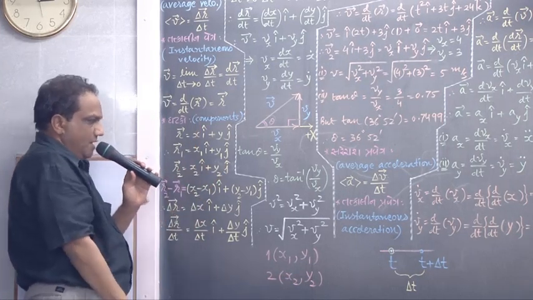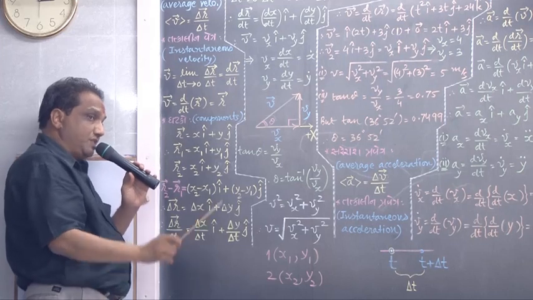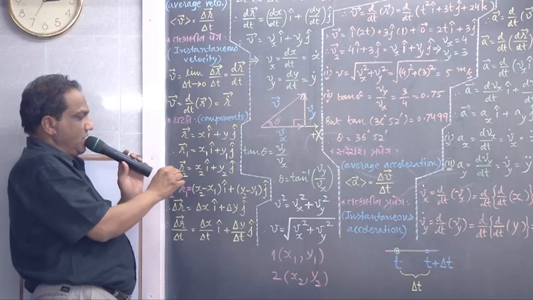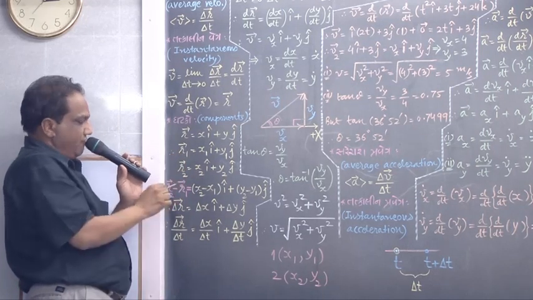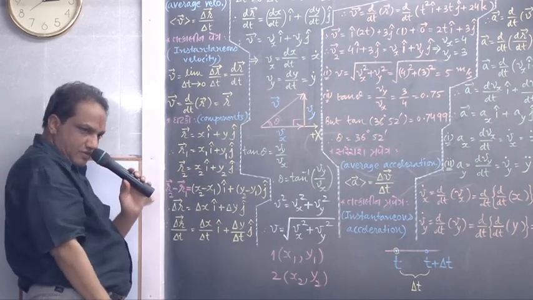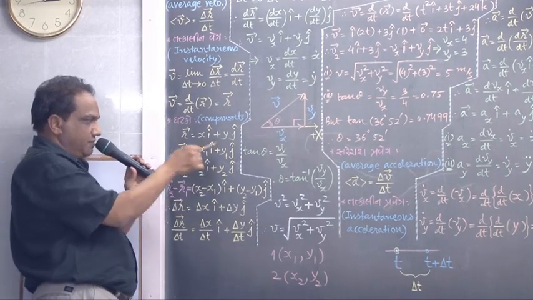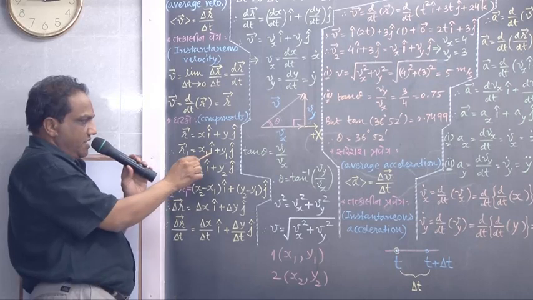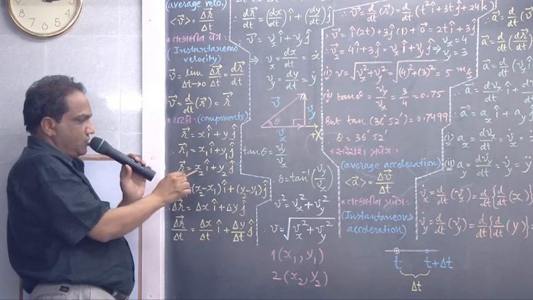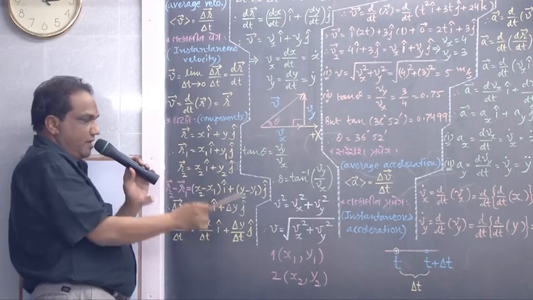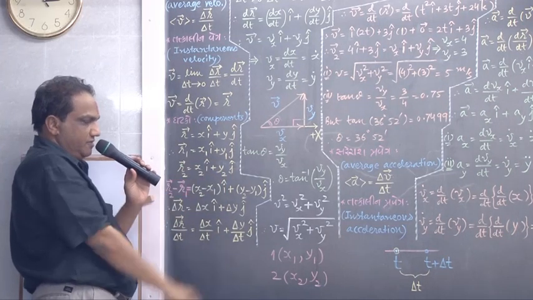Fine. Now suppose I want the change in position vector. Change is always final minus initial. Vector r2 minus vector r1. So on the right hand side it is this minus this. Taking i hat common inside the bracket, x2 minus x1, plus j hat common into bracket, y2 minus y1.